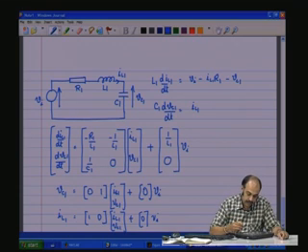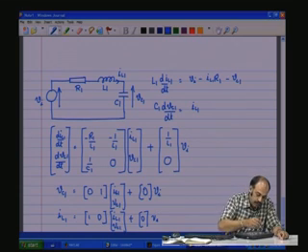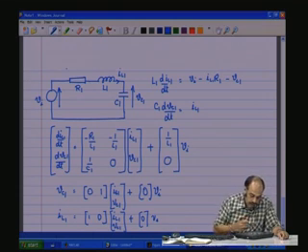Or if you had wanted VR, the voltage across R would be the state variable IL1 passing through R1, and therefore R1 into IL1.